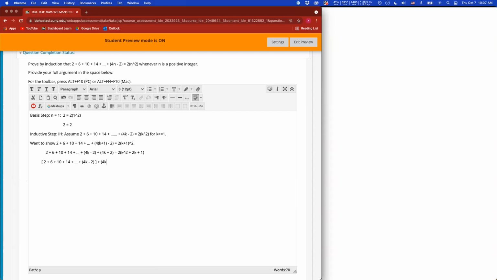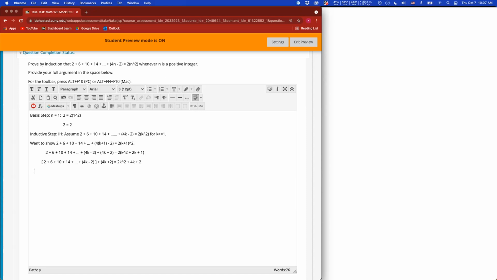And then you add in the last term, 4k plus 2. Now you can distribute the 2, so you have 2k squared plus 4k plus 2.